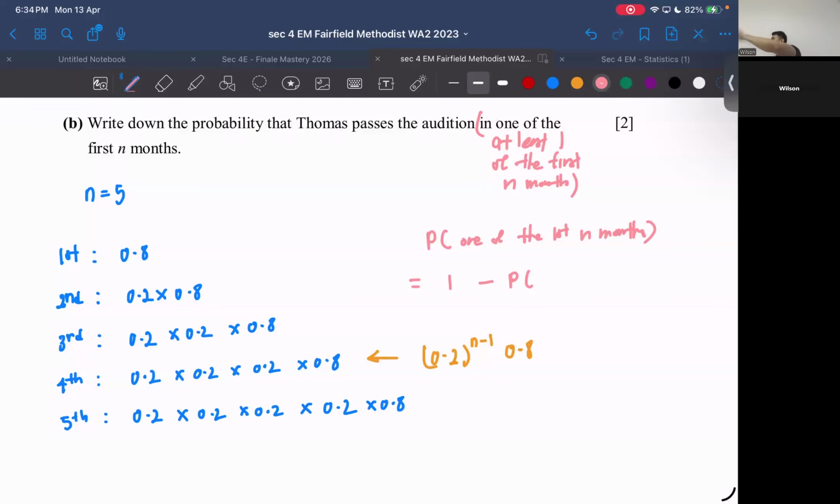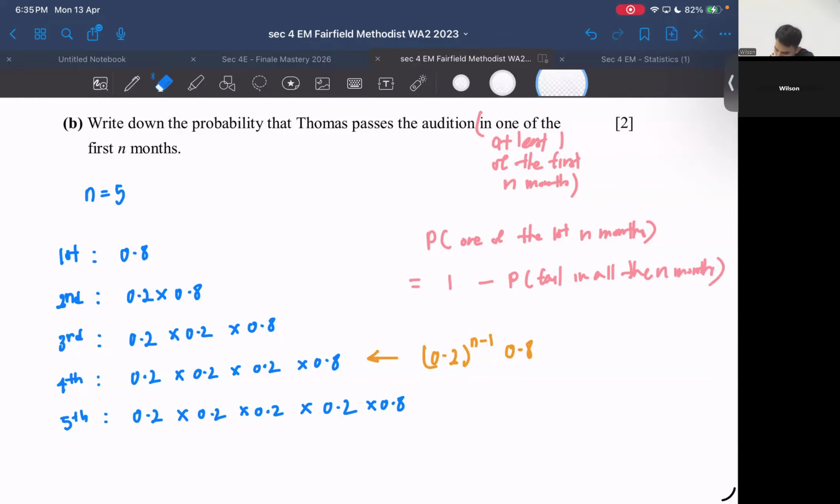I want to take 1 minus the probability that he failed in all the n months over here. Right?